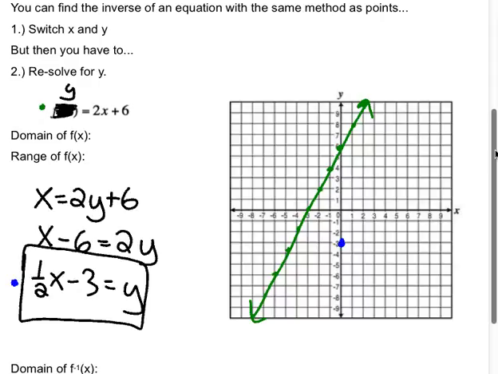Y-intercept down at -3 and slope of 1/2.